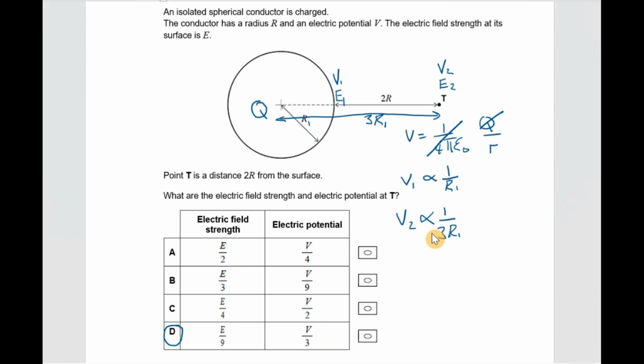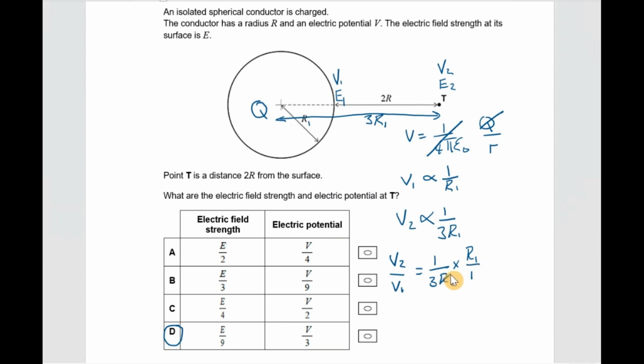Now, if I look at the ratios, electrical potential V2 over electrical potential V1 is equal to 1 over 3R1, divided by 1 over R1, which is the same as multiplying by the reciprocal.